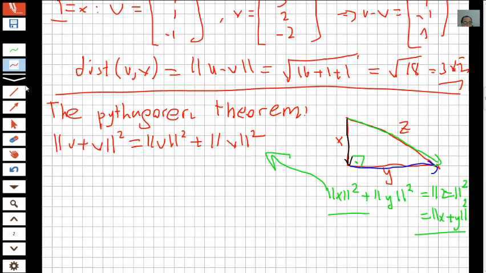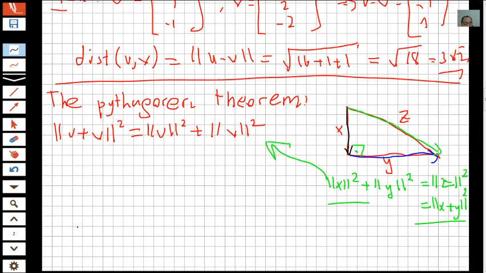So first we will start from the left side of this equality. So the length of u plus v squared is equal to, actually, we know the length of some vector is equal to the square root of the dot product of the vector by itself.